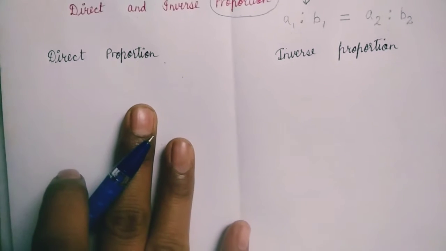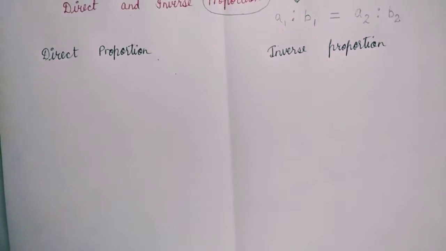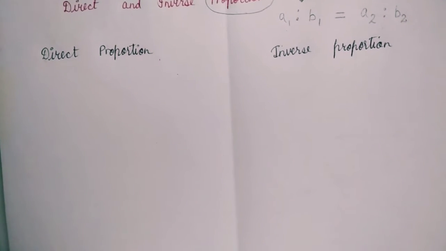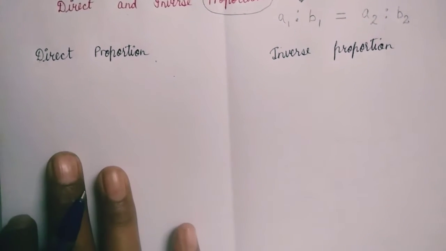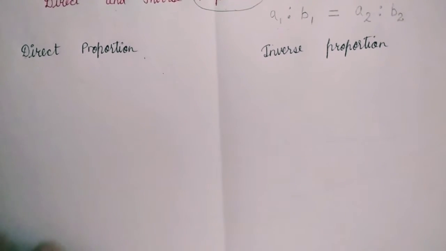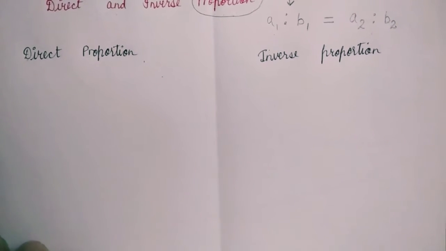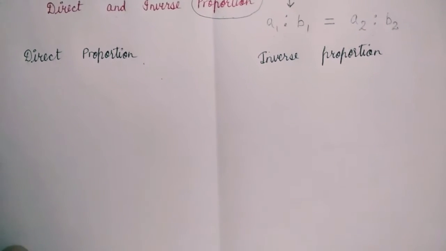What is the meaning of direct proportion? In the definition, it is a relationship between two variables whose ratio is equal to a constant value.